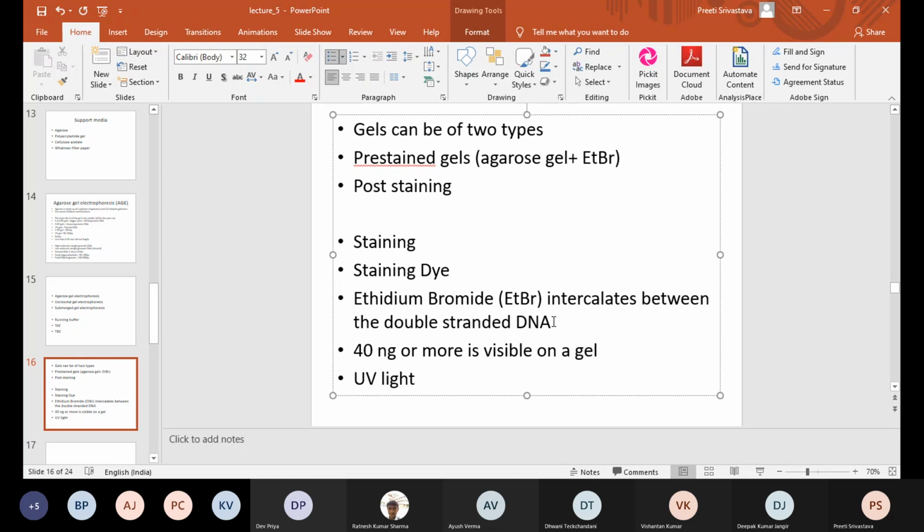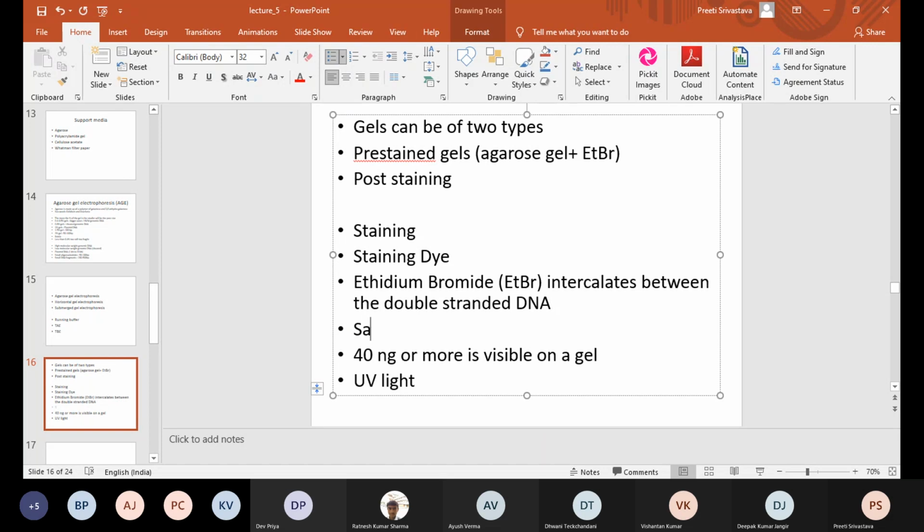So you require a minimum concentration, and for that we use a dye so that the band is very clearly visible. In this case we use ethidium bromide. We can also use certain other dyes which are called safe dyes. Safe dyes are fluorescent dyes.